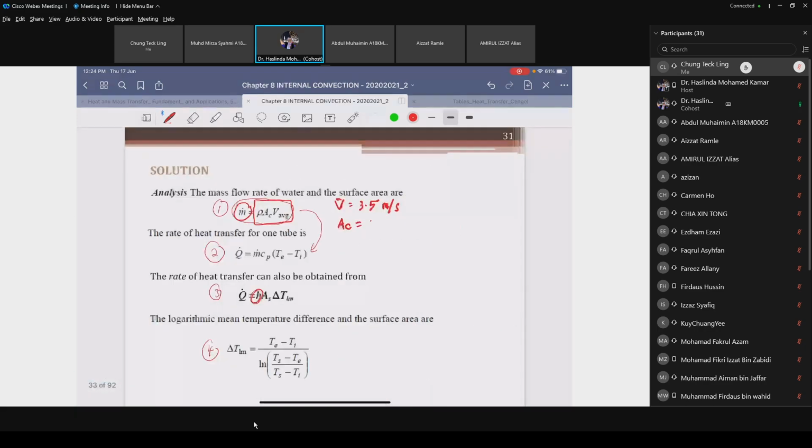So 0.012 meter. Tetapi kita kena kira pi divided by 4. This one you have to calculate. Pi times 0.012 squared divided by 4. So you must give me the answer. Apa dia punya cross-sectional area of this tube?